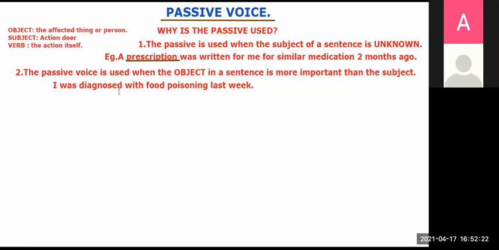Here, the main case is you getting a diagnosis, with food poisoning. We don't care about who diagnosed you or what happened to you. So food poisoning here is the main issue.